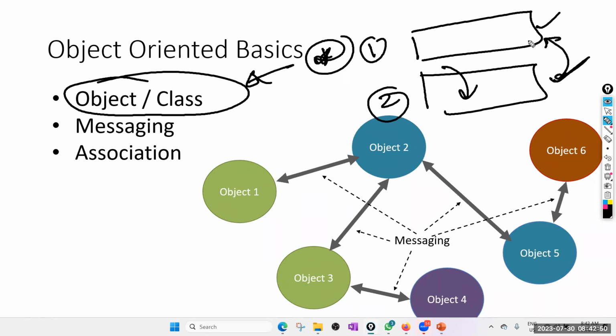Because when you analyze the system, what you see is not classes. What you see is objects. So later we identify the classes, or later we model the classes. This is what we do in programming: at runtime, your class acts like a factory or blueprint to create objects.